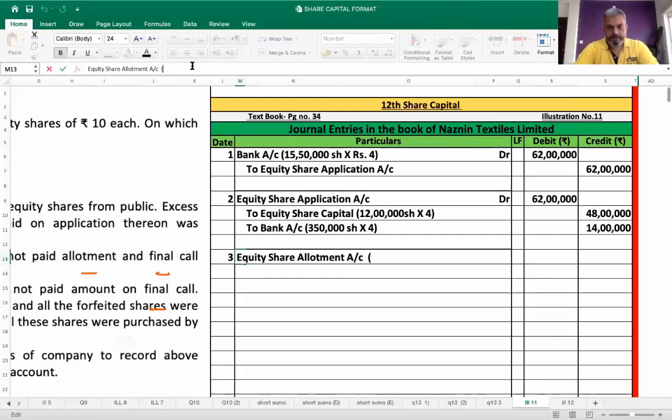In the bracket we write the amount: 12 lakh shares into rupees 4, 48 lakhs, to equity share capital account.